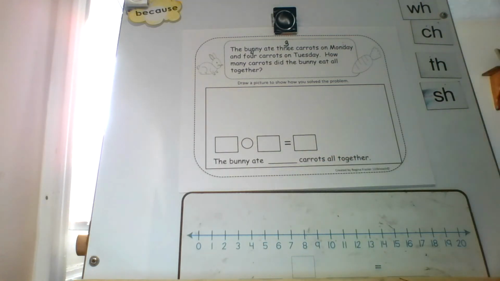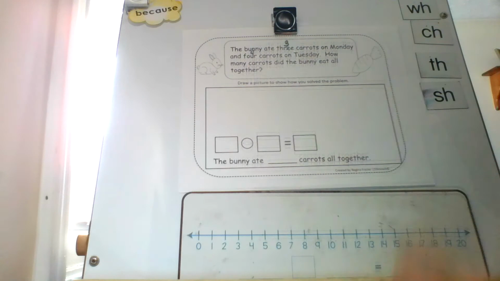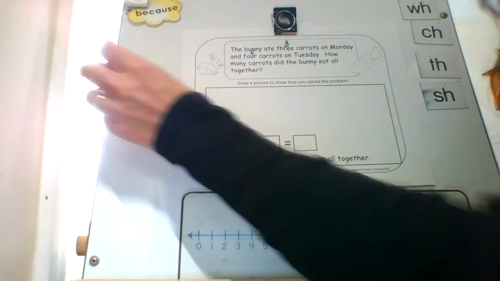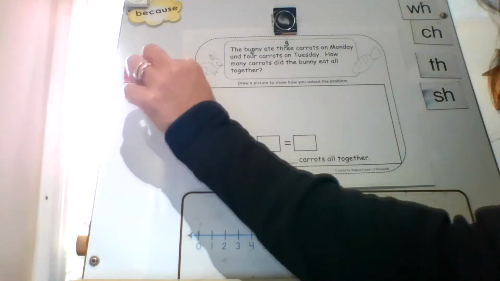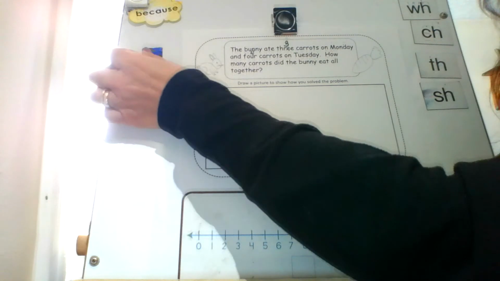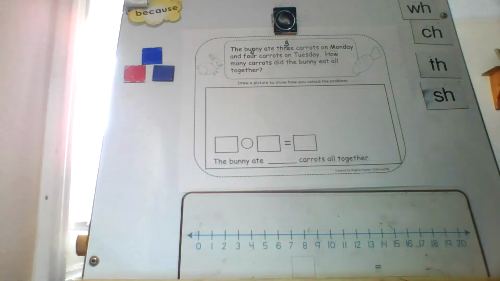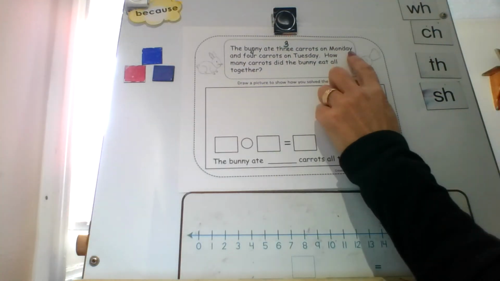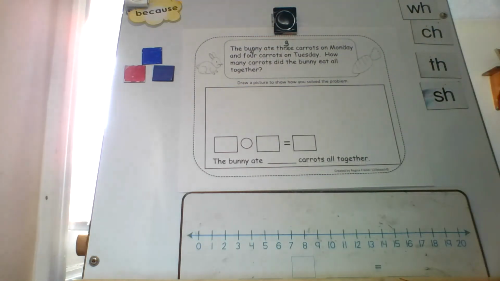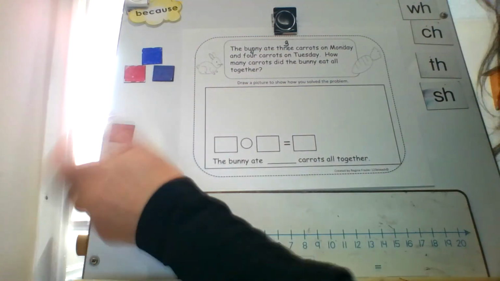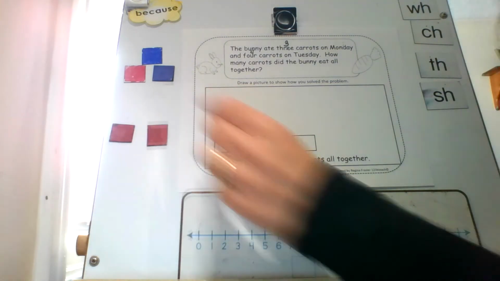So let's start with our counters or your manipulatives, whatever you have. The first bunny ate 3 carrots. So 1, 2, 3. And on Tuesday he ate 4 carrots. So our next group's going to have 4 in it.